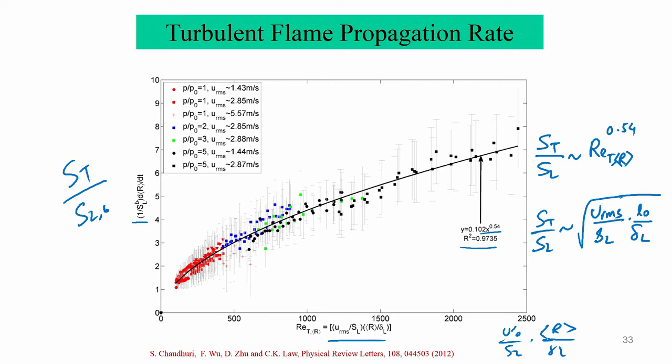Now for an expanding flame, the flame is expanding in a cylindrical volume which contains turbulence. But why is the turbulent flame speed higher than the laminar flame in the first place?